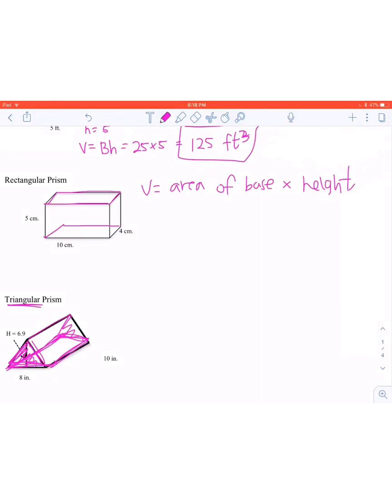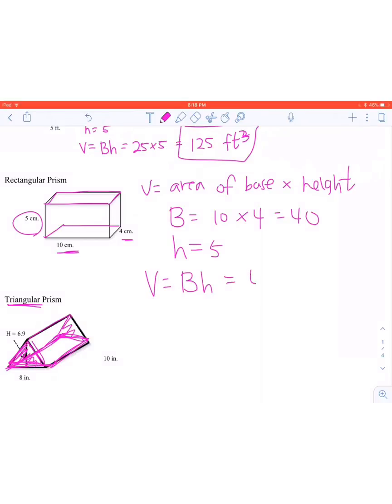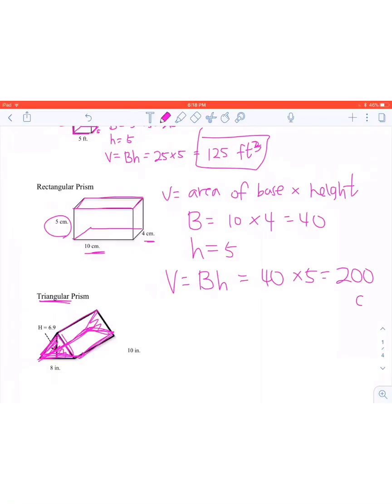So it'll be 10 by 4. So the area of the base is 10 times 4, which is 40. And the height of this prism is 5. So the volume, area of base times height, is 40 times 5, which in this case is 200 cubic centimeters.